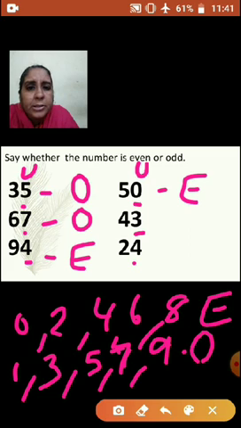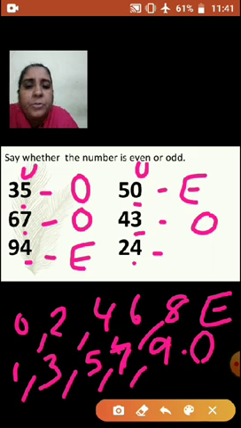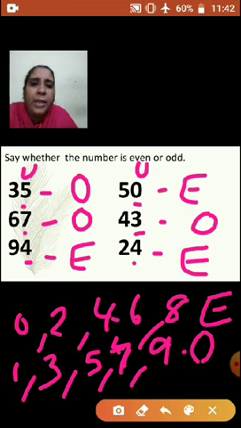Now next 43. See the units place 3. 3 is which number? You can see it is coming in odd number. So you will write O. Now next 4. Again 4 comes in table of 2. You can see I have written there 4. So it is which number? Even number. Understood, children?